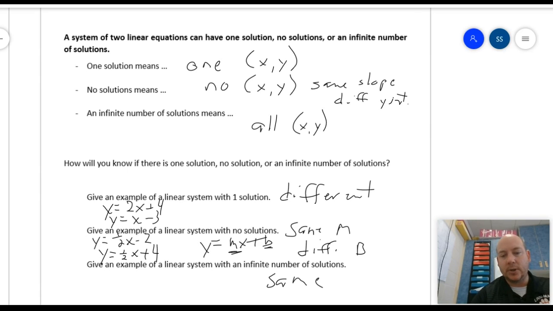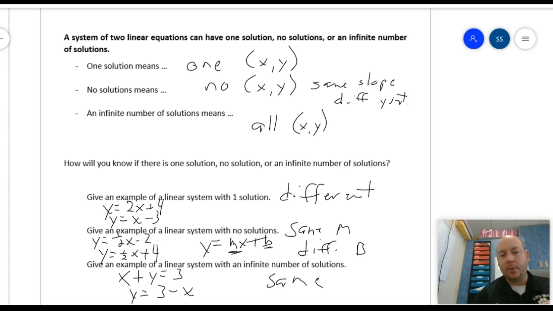An example of a linear system with an infinite number of solutions, again, that's going to be the same. And sometimes they might look different, like x plus y equals 3. If I subtract the x, I'd have y equals 3 minus x, right? So they look a little different, but when you solve them, you're going to get the same thing, okay?